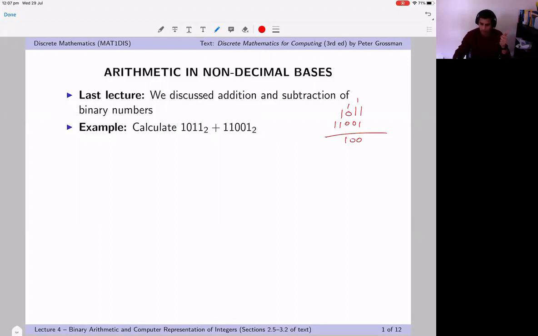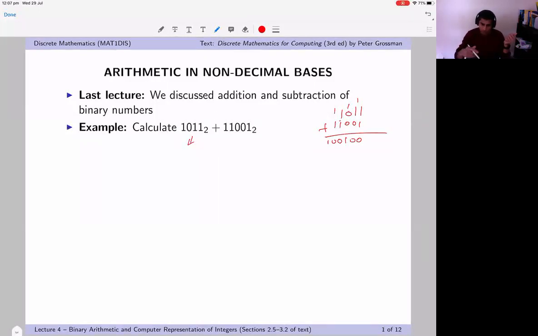Then 1 plus 1 is 1, 0, and 1 plus 1 is again 1, 0. So my answer for this would be 1, 0, 0, 1, 0, 0. You can also verify this answer by converting these numbers into their corresponding decimal numbers. For example, what does this number equal to?